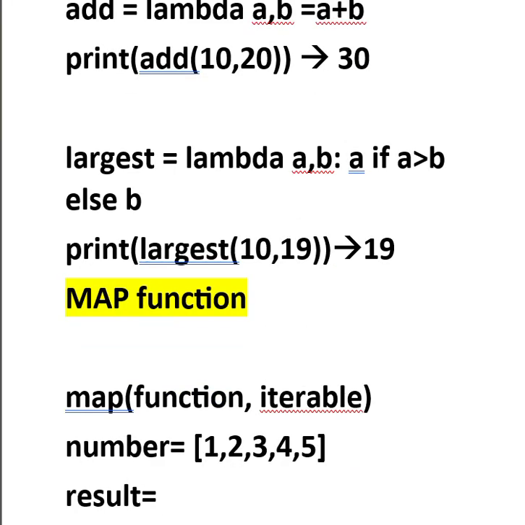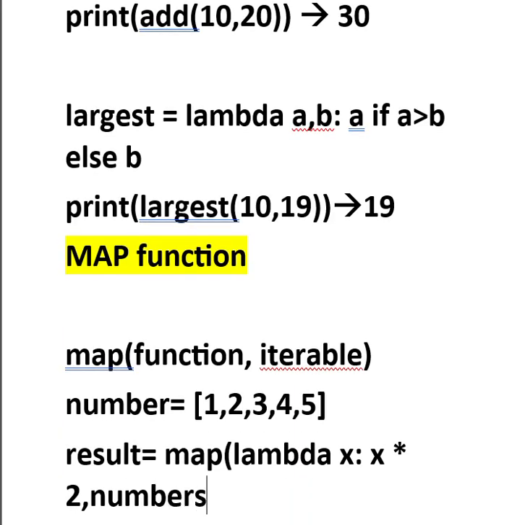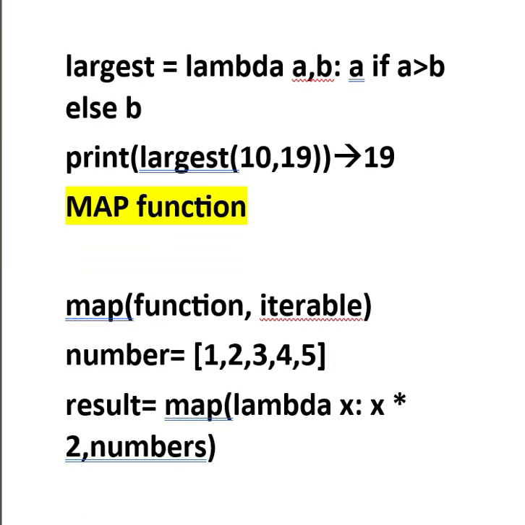Okay, I'm going to print the result. result is equal to map of lambda x colon x into 2 comma numbers. Next I'm going to print list of result.